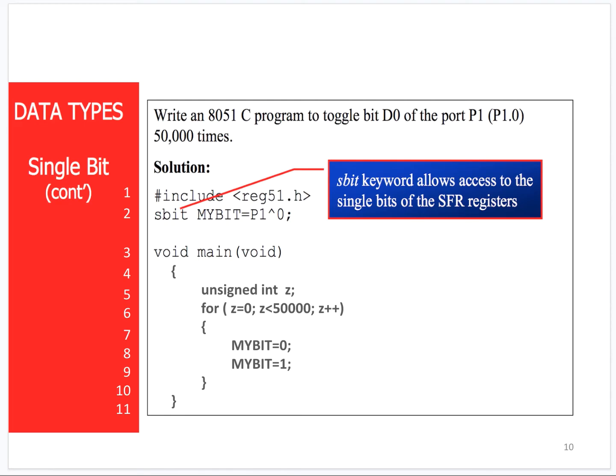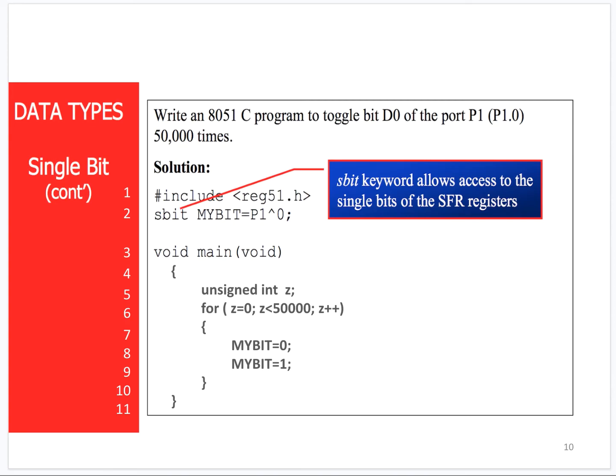Single bit. Write an 8051 C program to toggle bit D0 of the port P1, P1.0, 50,000 times. In the solution, we write sbit my_bit = P1^0; In line 5, the unsigned integer variable z was declared. On the next line, we have the for loop statement.